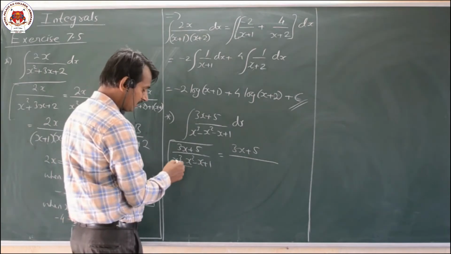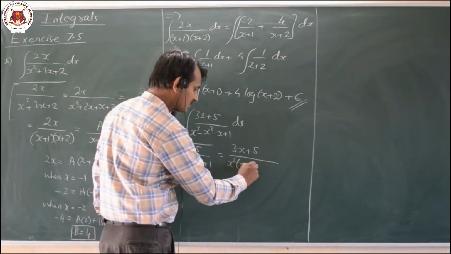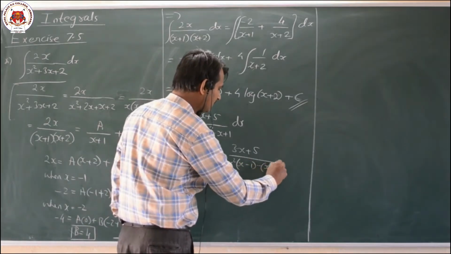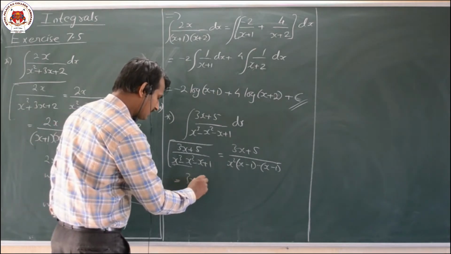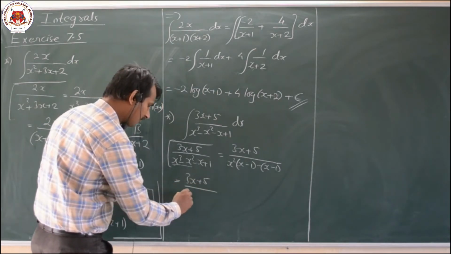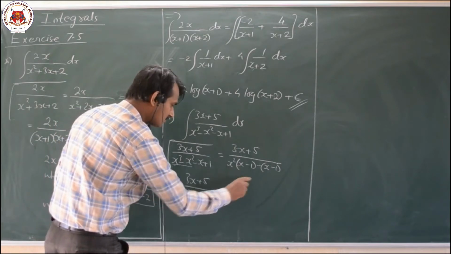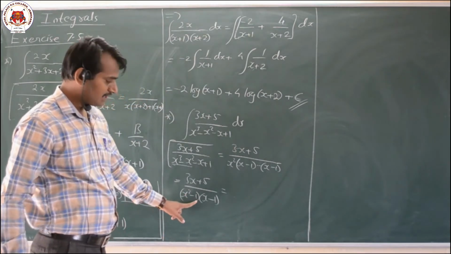The denominator part: if I take x² common, what is the remaining part? x − 1. If I take minus outside, I will get x − 1. Now what is the term we get? That is (3x + 5) divided by (x² − 1)(x − 1), which is equal to, here it is nothing but a² − b².